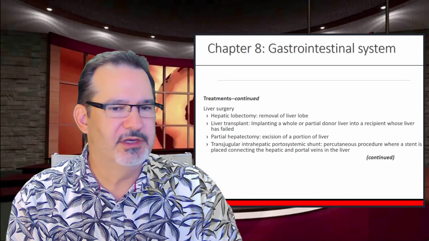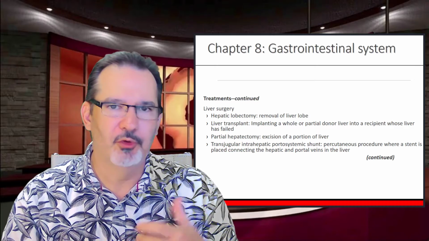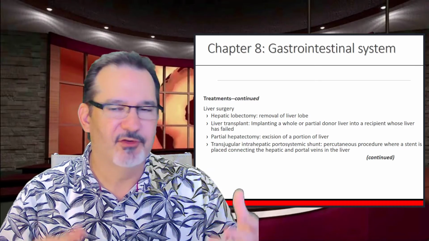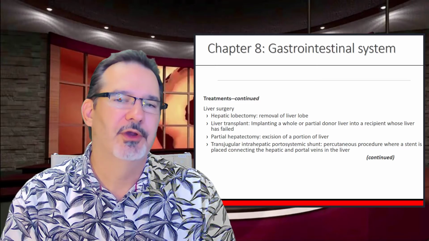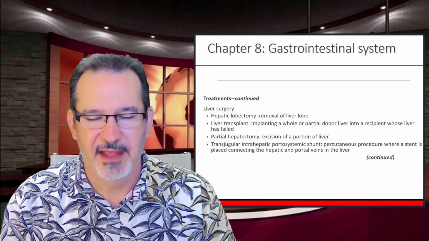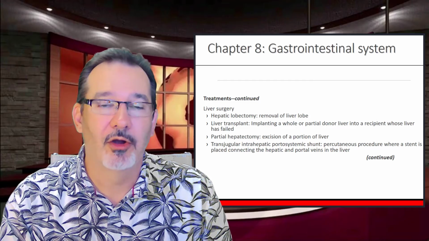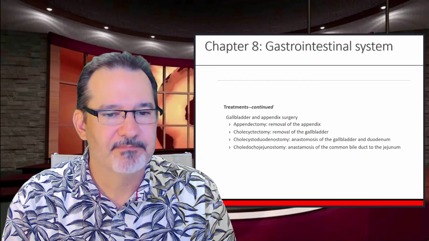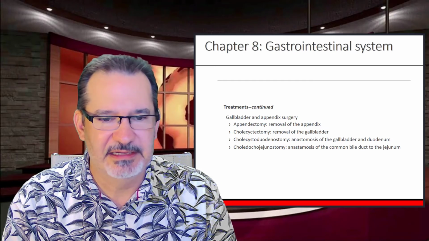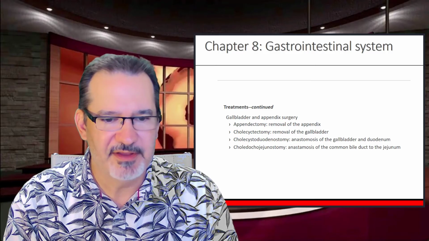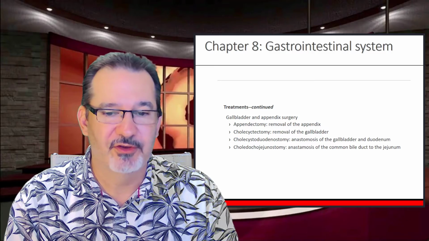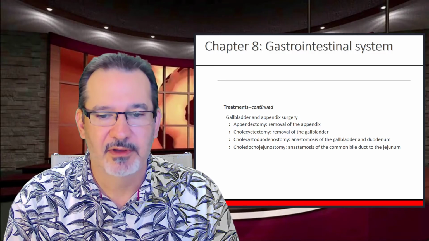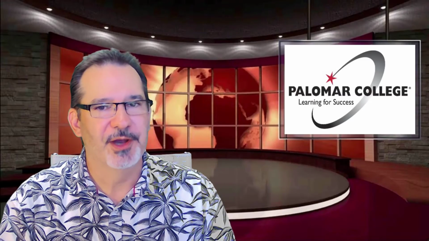Okay. Liver surgery, lobectomies, removal of part of the liver, again for serious chronic cirrhosis or liver cancer. We may want to remove that sick part of the liver. Okay. Let's see, and we already talked about appendectomies. Cholecystectomy is the removal of the gallbladder. Okay, so a couple of different things there.